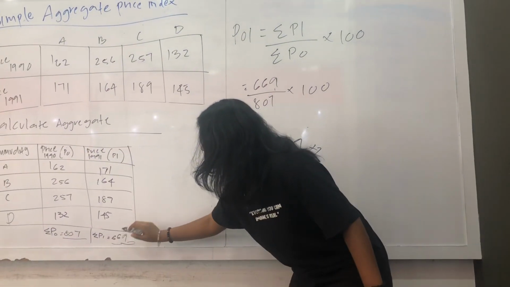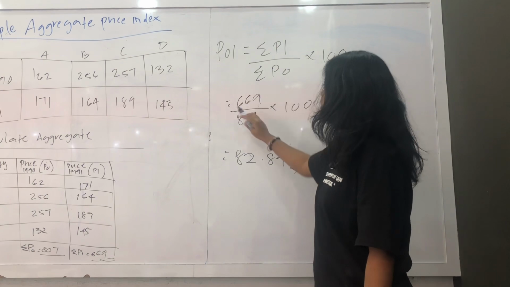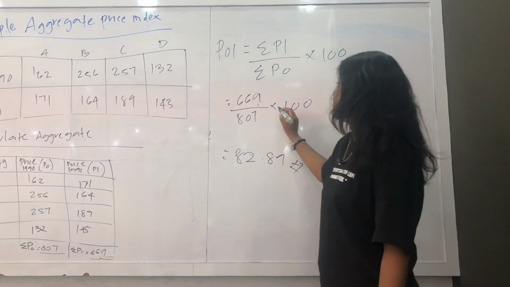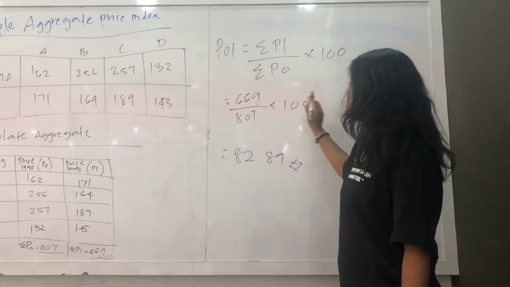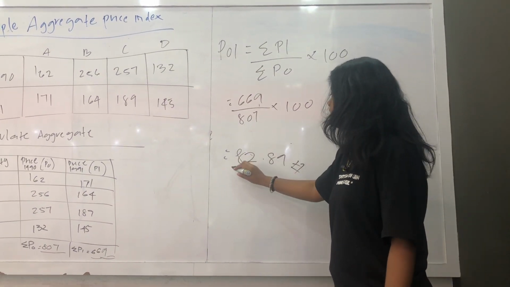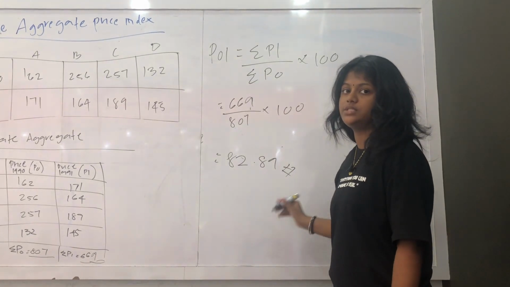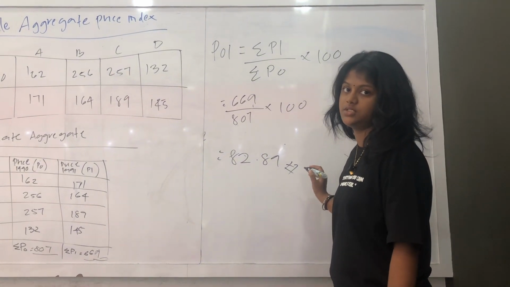Summation of P1 is 669. So 669 over summation of P0. P0 is 807. So 807 times 100. So the answer is 82.89. So this was the simple aggregate method.